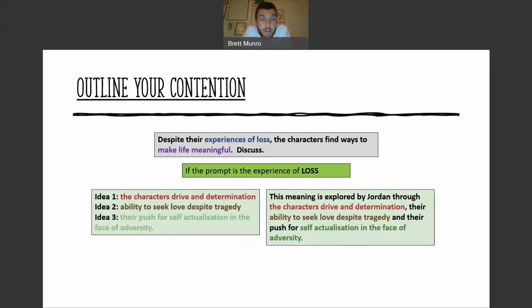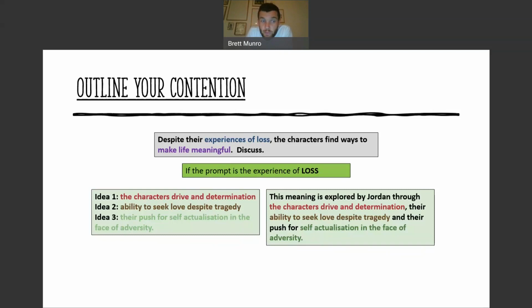And third, they're pushed for self-actualization. Self-actualization just means developing and constructing your own identity. It's just seeking that identity and actually capturing it. So due to experiencing loss, they gain a determination to develop an identity, essentially, and it's that identity that gives their own lives meaning.